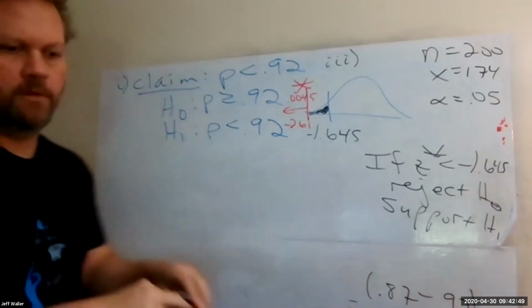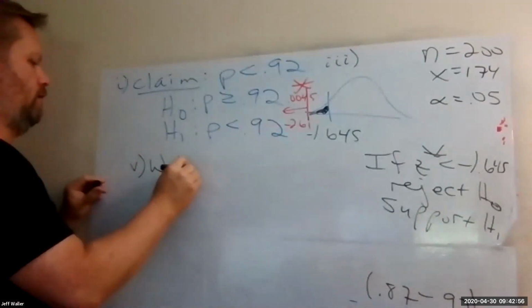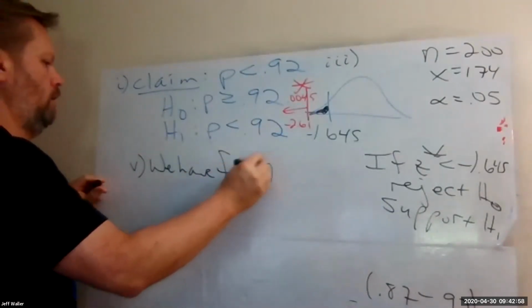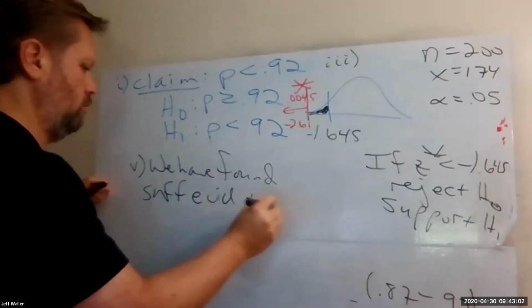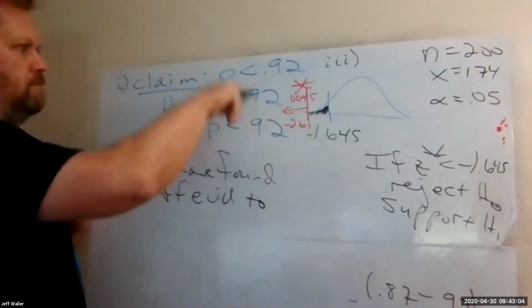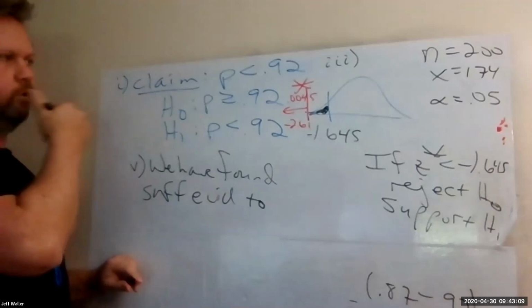Okay. So step 5 will be, we have found sufficient evidence to what? What was our claim? Which one was our claim?